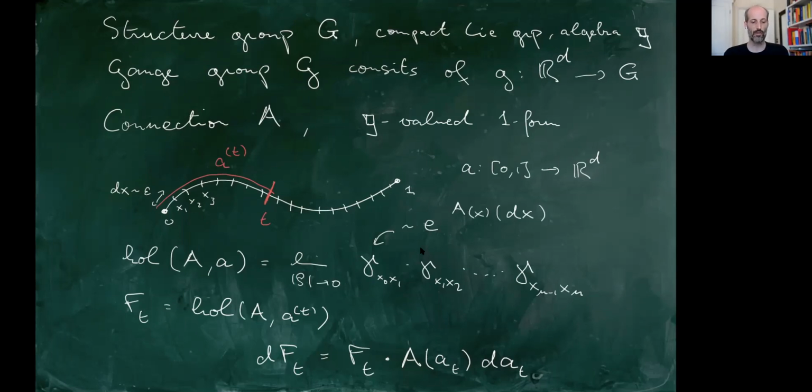And therefore all physical observables have to be functions of your connection that are invariant under the action of the gauge group. And there's one very natural class of such observables, which are called Wilson loops.